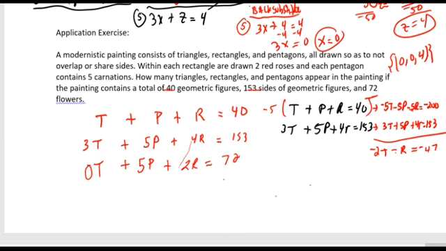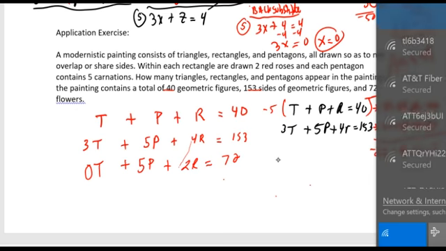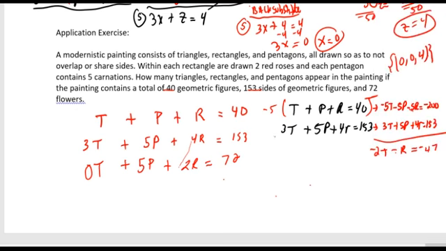So then we're going to use the third equation, which was 0t plus 5p plus 2r equals 72. And I'm going to use the second equation, 3t plus 5p plus 4r equals 153.